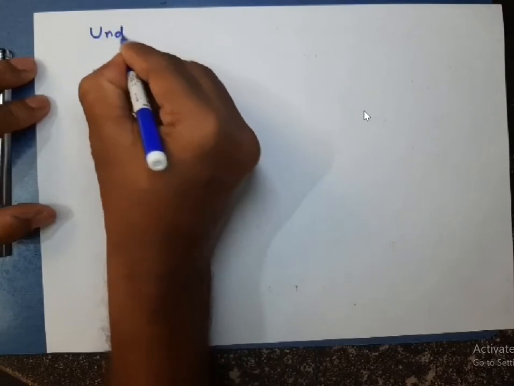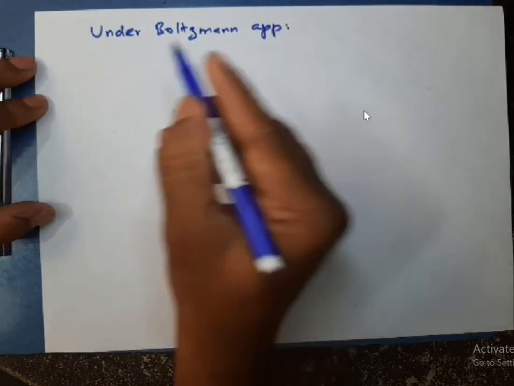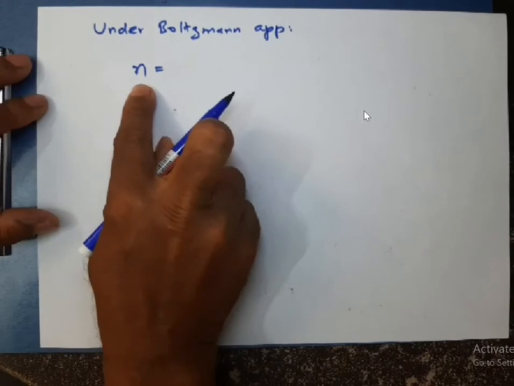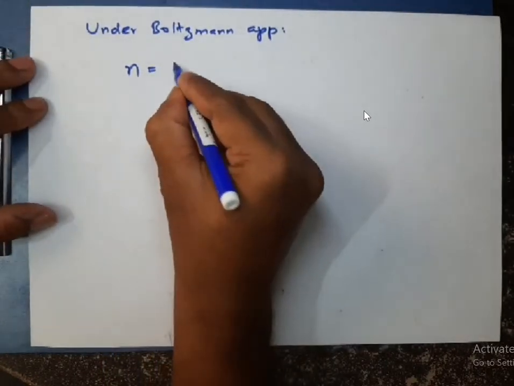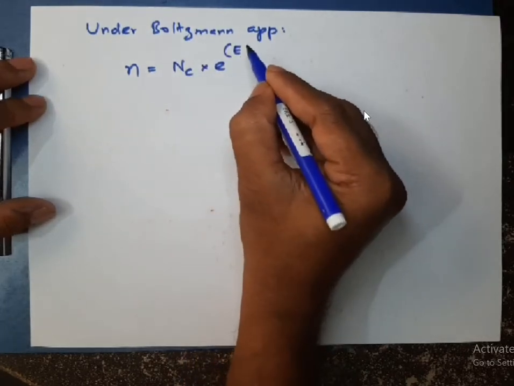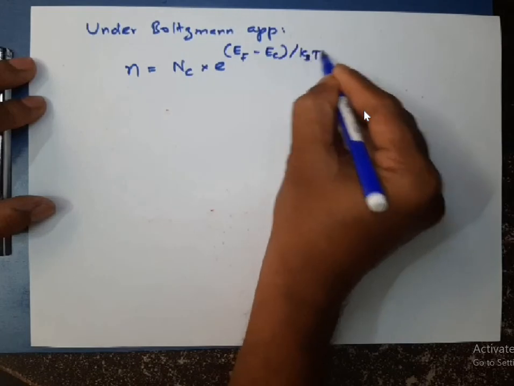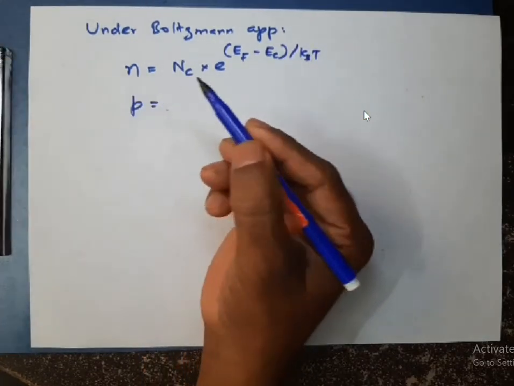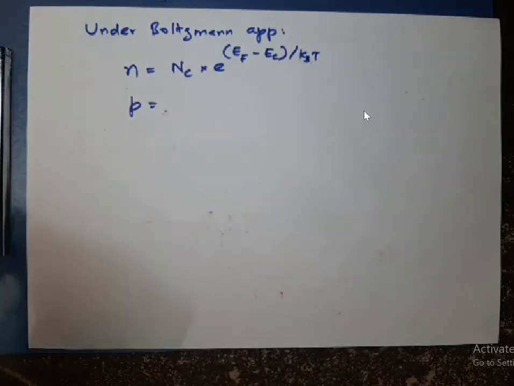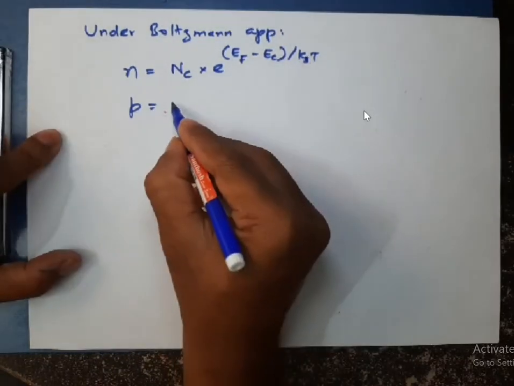So what I'm trying to say here is, under the Boltzmann approximation, the concentration of electrons in the conduction band can be given as NC into e power EF minus EC by kBT, and the concentration of holes in the valence band can be given as, let me write here, concentration of holes is equal to NV.